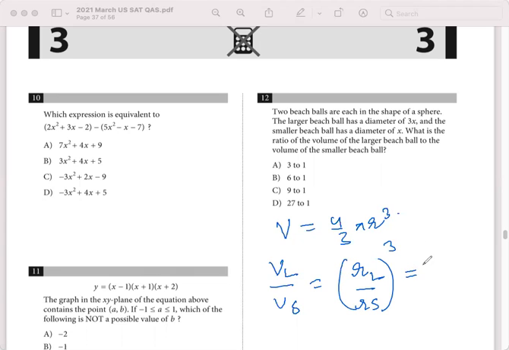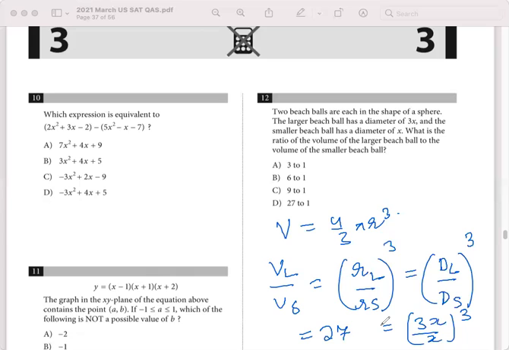Now, since radius and diameter are proportional, I can also say that this would be the same as the diameter of the larger ball to the diameter of the small ball to the power 3, which means that this would be 3x by x to the power 3, which is going to be 3 cubed or 27. So the answer would be 27 to 1.